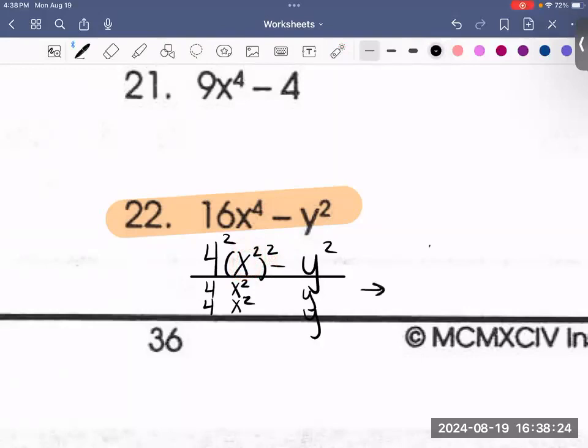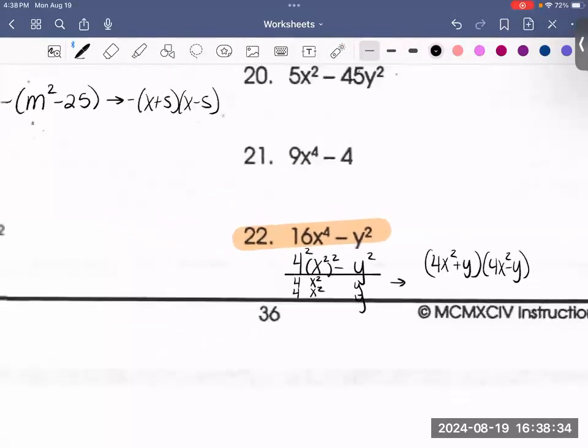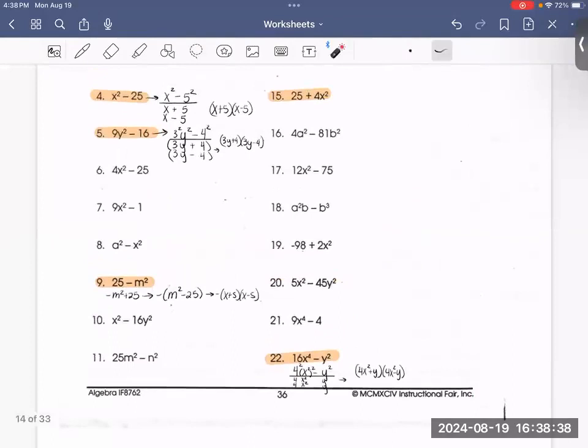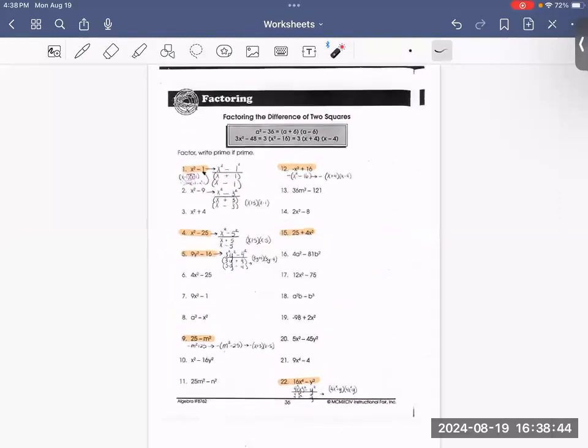So your final answer is 4x squared plus y and 4x squared minus y. Another good one to practice is number 21 as well. So that is your difference of 2 squares problem.